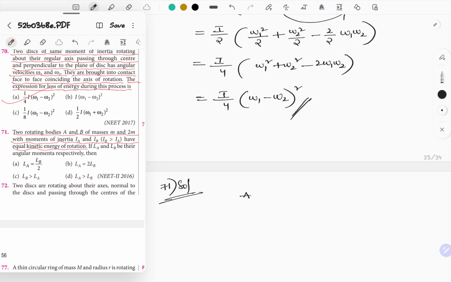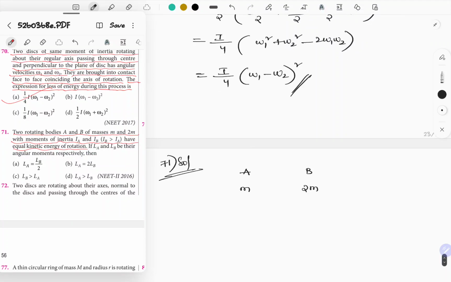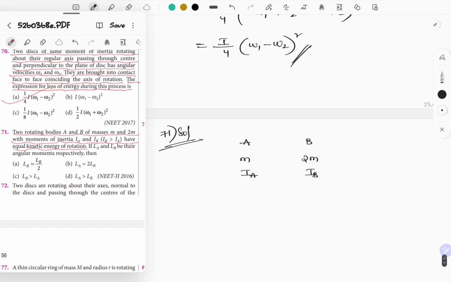There are two objects A and B, and they are rotating. Mass of A is m, mass of B is 2m. Moment of inertia of A is Ia, moment of inertia of B is Ib. One more hint they have given: Ib is greater than Ia, and they have equal kinetic energy.